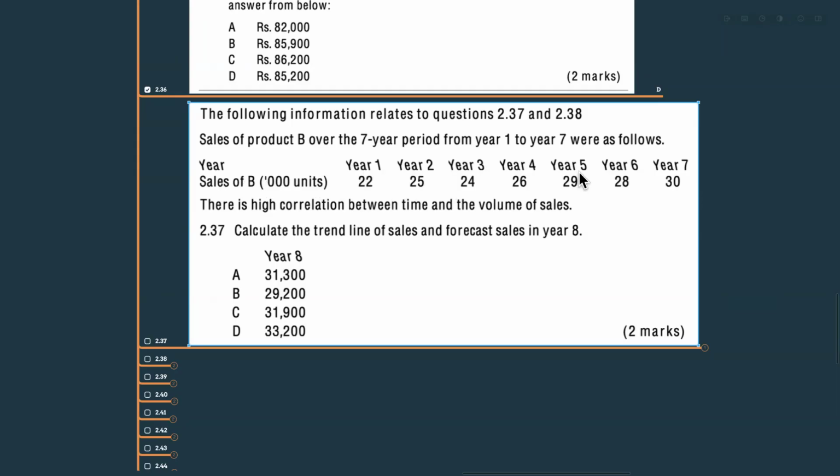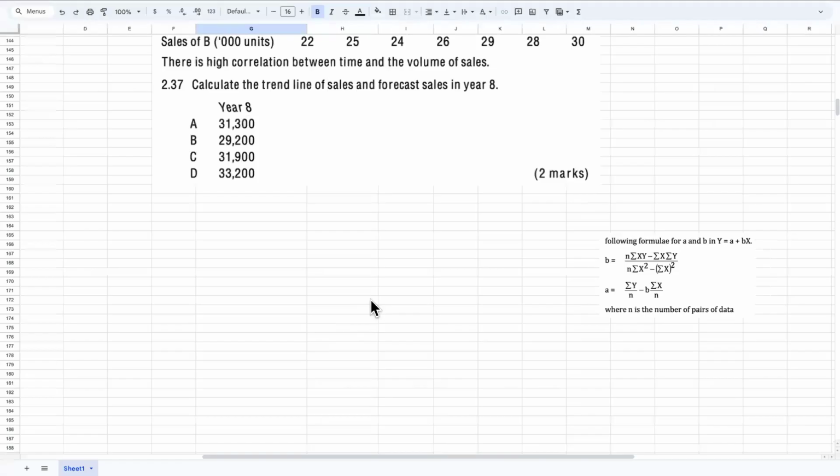And the years 1, 2, 3, 4, 5, 6, 7 we take as the X value, the independent variable, right? So the sales of B are the dependent variable. We forecast sales in year 8, so the years should be X values. Okay, let's draft some ideas here.